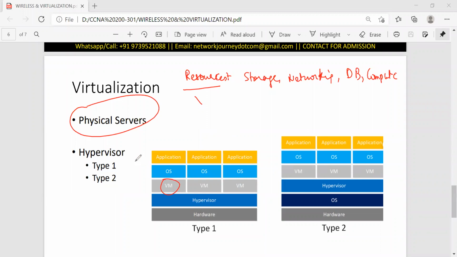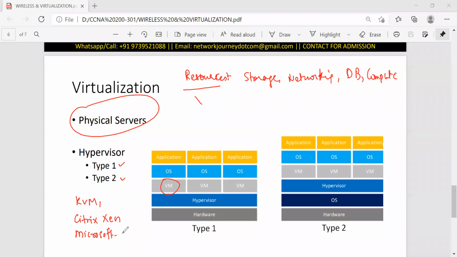Okay, so we have two types of hypervisors, guys. Type 1 is where you directly get your hardware and install the hypervisor. For type 1 hypervisors, we have KVM, we have Citrix Xen, we have Microsoft Hyper-V.